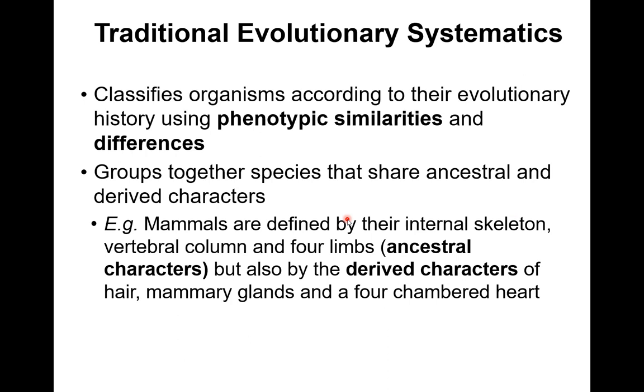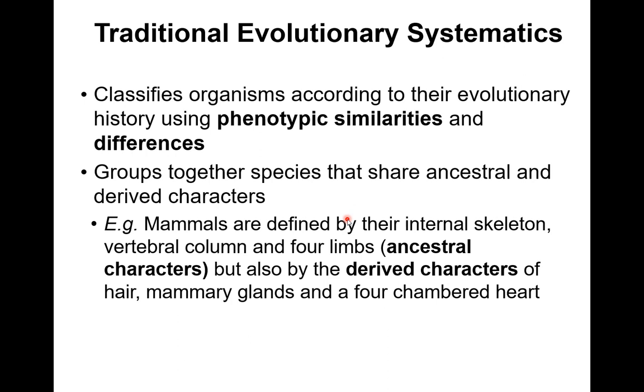Now, as we said before, the systematics, or linear systematics, as I just mentioned in the previous slide, uses not only the evolutionary information that you have about living organisms, but also other morphological characters in order to classify an organism.